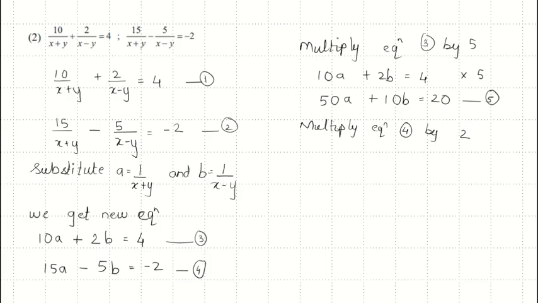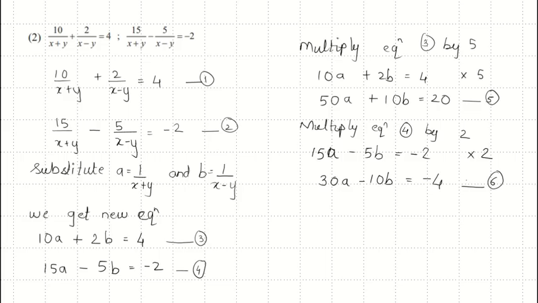So when we multiply equation number 4, which is 15a minus 5b is equal to minus 2, by number 2, 2 into 15 will give us 30a minus 2 into 5 is 10b is equal to 2 into minus 2, which is minus 4. We will mark this as equation number 6.